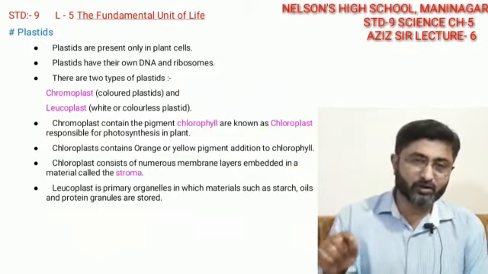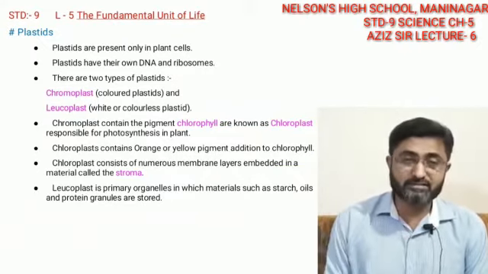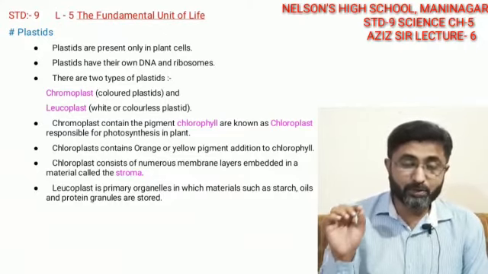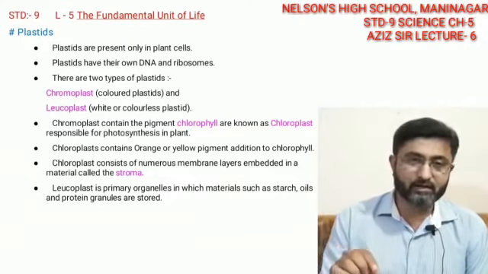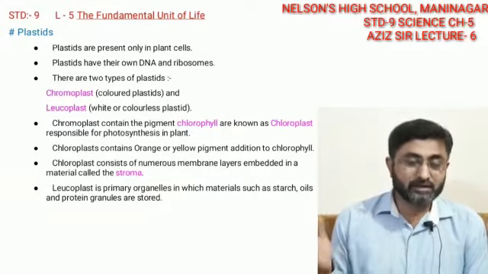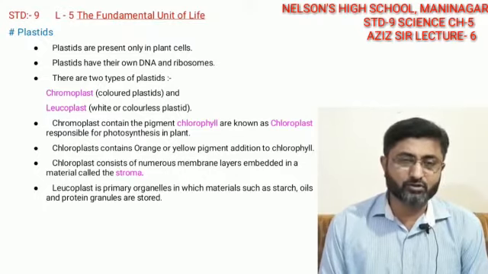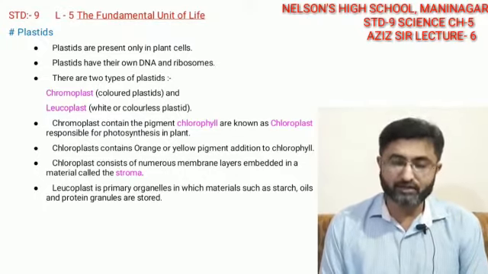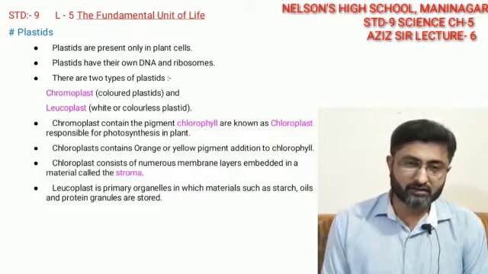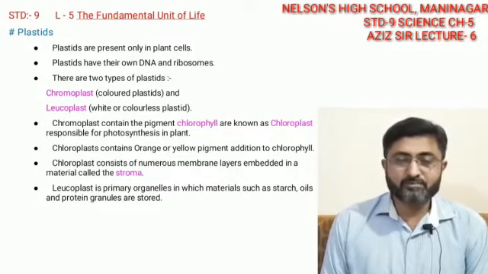So these particular plastids, which are present as a cell organelle inside the plant cell, have a pigment known as chlorophyll, and they are called chloroplast, which are present in leaves majorly and sometimes in stems also, but majorly they are present in leaves and newly coming up buds in stems.